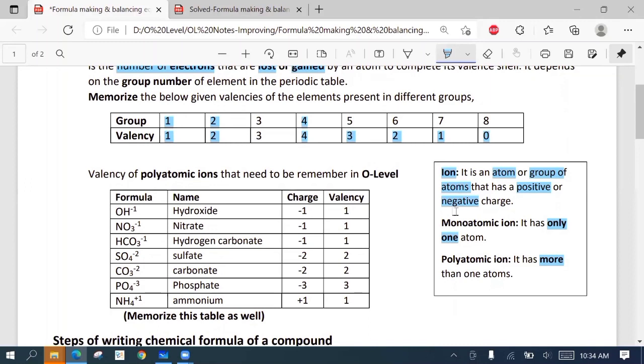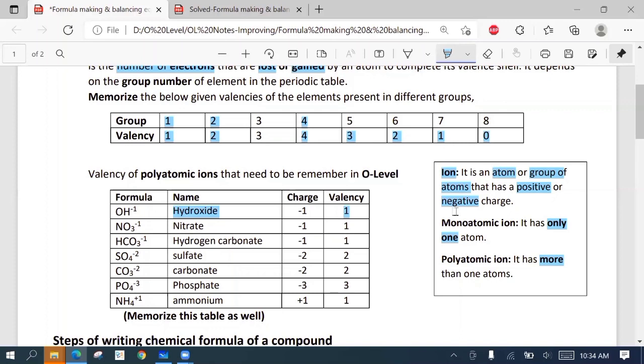The first ion here is the hydroxide ion, and we need to memorize all the names, formulae and their charges along with their valencies. So let's talk about the hydroxide ion. Its formula is OH minus 1, its charge is minus 1, and its valency is 1.